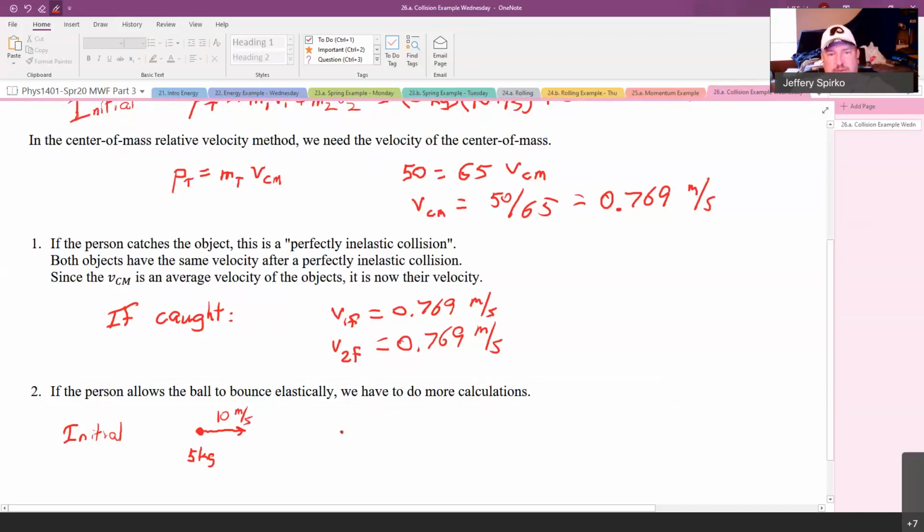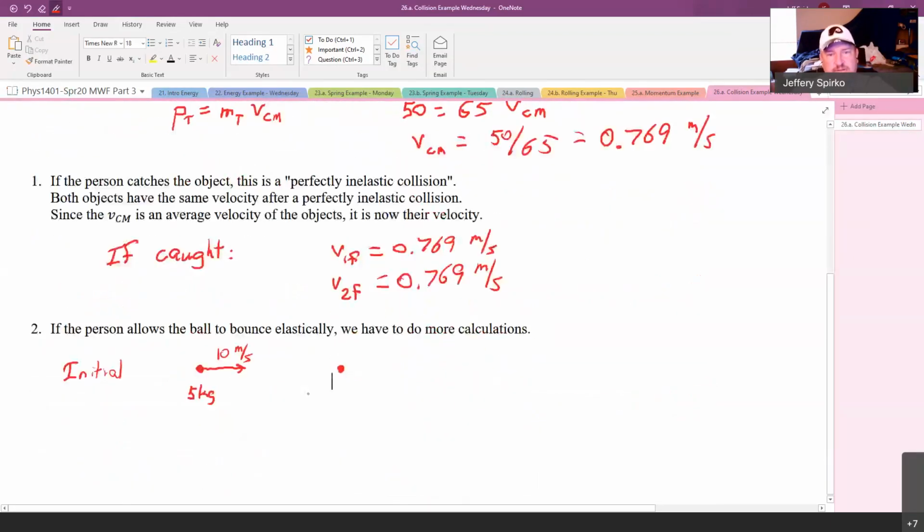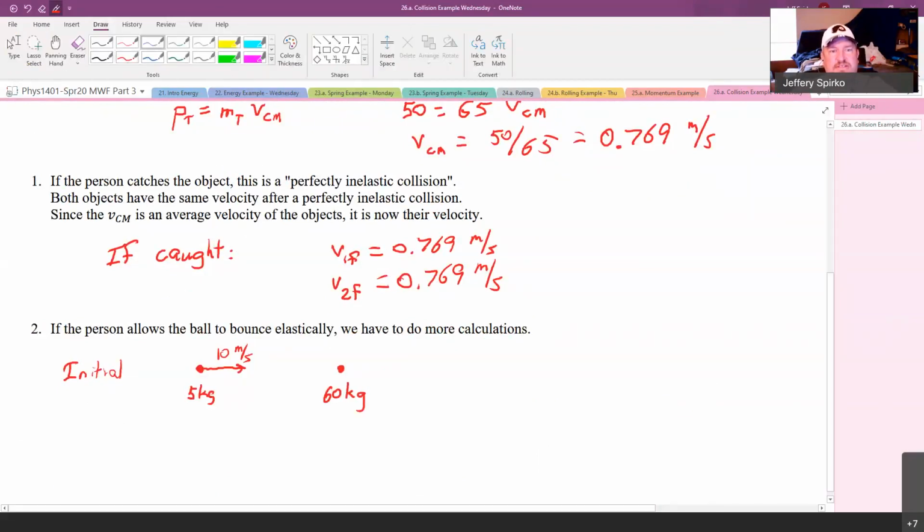And we have the person with, what was it? 60 kilograms. And what we learned so far is there's a center of mass that's somewhere in between them. It's actually about right here. So this is the center of mass, and it's moving very slowly in that direction, with a speed of 0.769 meters per second.